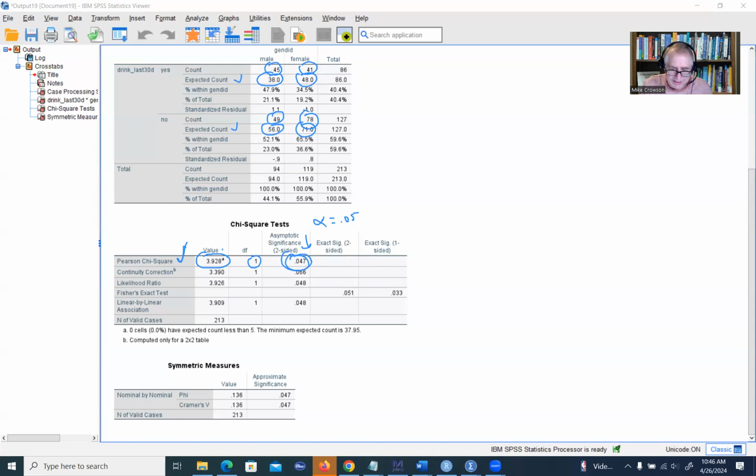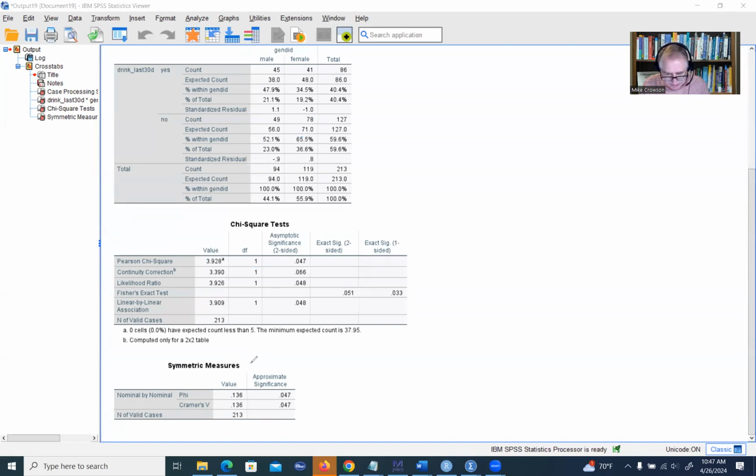So in this particular case, we're going to reject the null hypothesis and infer that there is a relationship between gender identification and drinking behavior, at least as measured using that question.